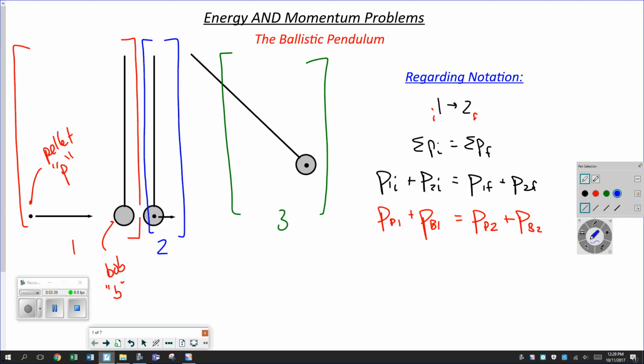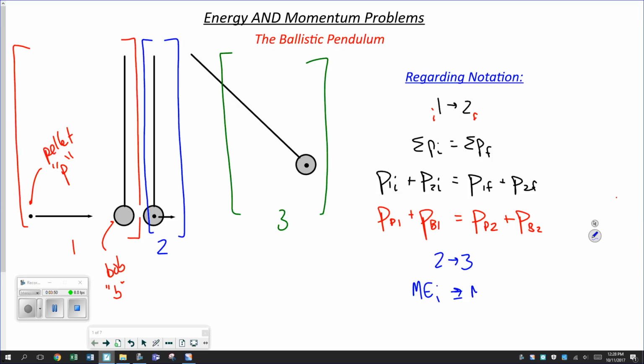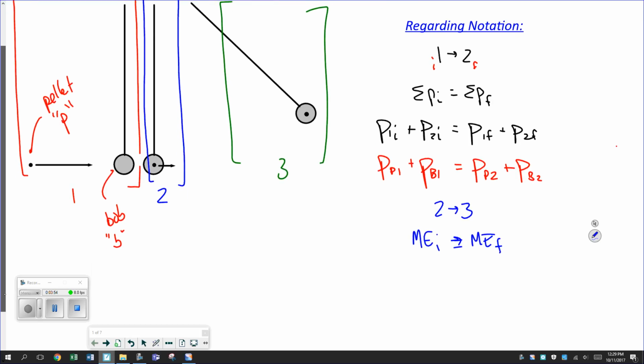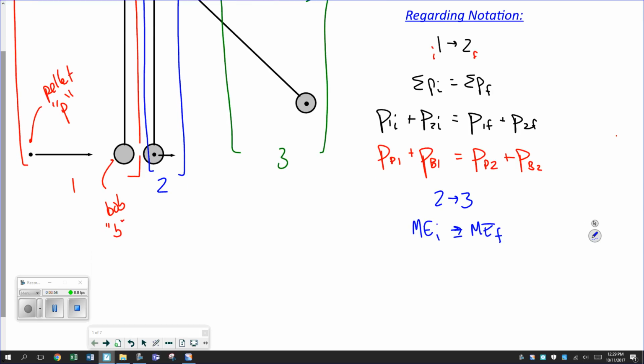And then if we said something like, from 2 to 3, well, we know that's an energy transformation, ME initial equals ME final. So maybe instead of initial and final, just so we're sure we're not talking about the same initials and finals as up here, we say K2 plus UG2 is K3 plus UG3.